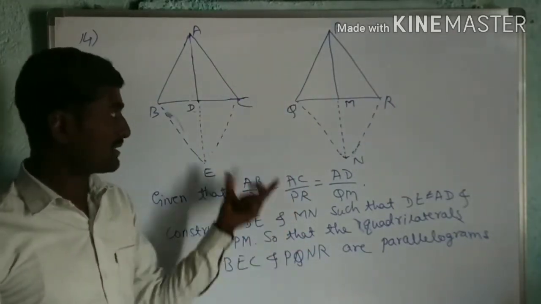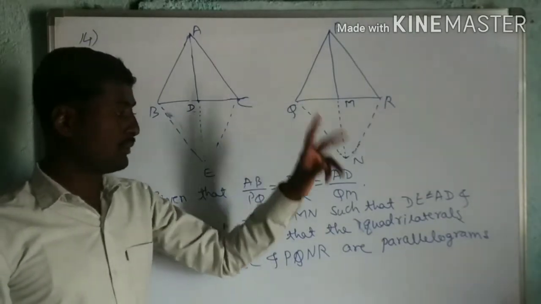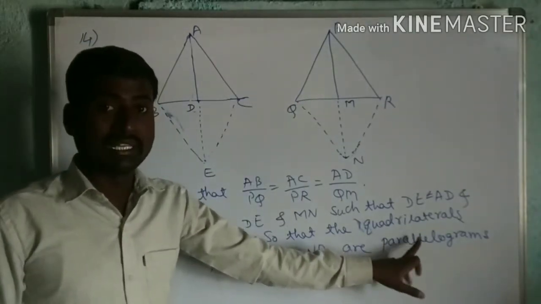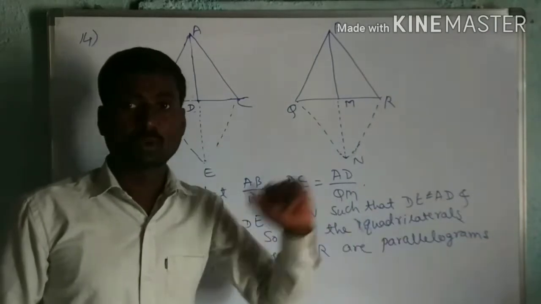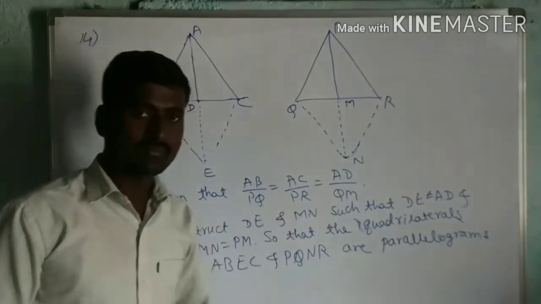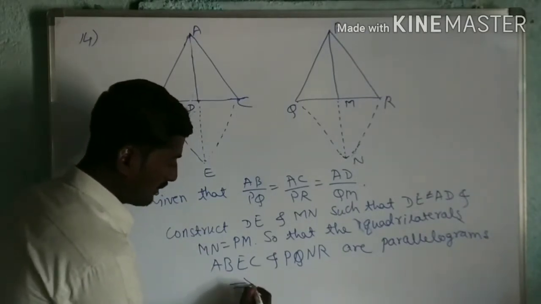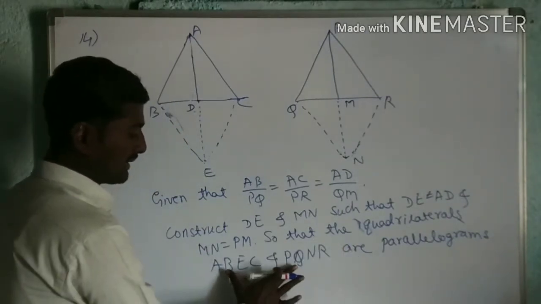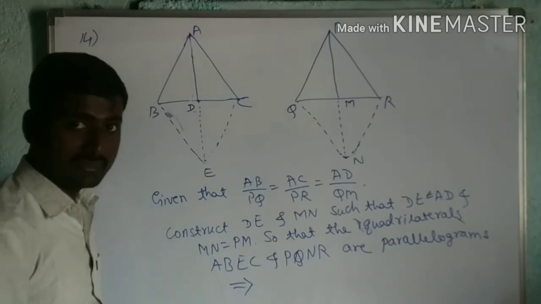So that diagonal property will be there in a parallelogram only, not in any other quadrilaterals. Therefore, these two quadrilaterals are parallelograms.